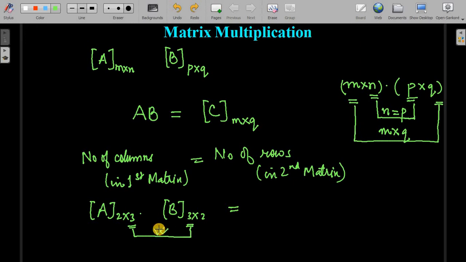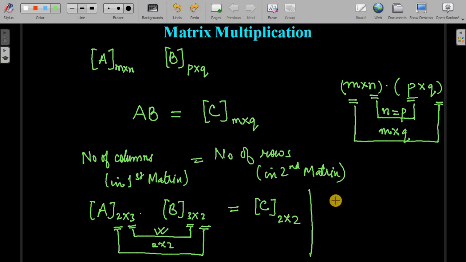So this condition is satisfied. That is why we can say that A and B can be multiplied. And suppose matrix C comes after multiplying A and B, what will be its order? Its order will be 2 by 2: the number of rows from the first matrix and the number of columns from the second matrix. So matrix C is of the order 2 by 2.